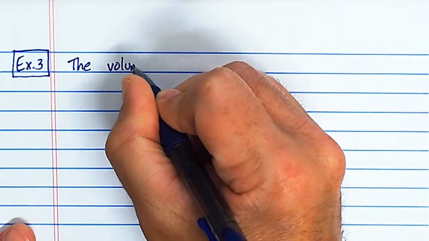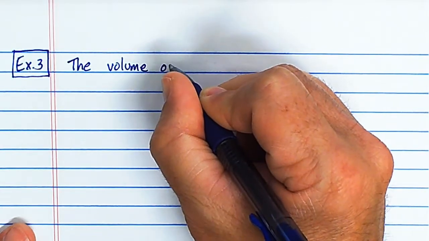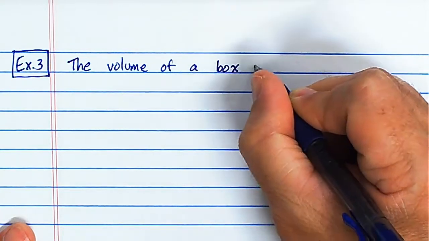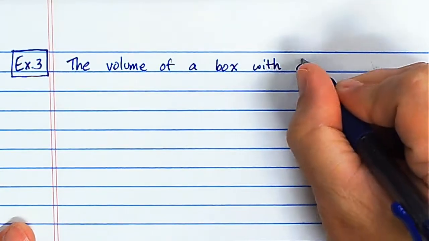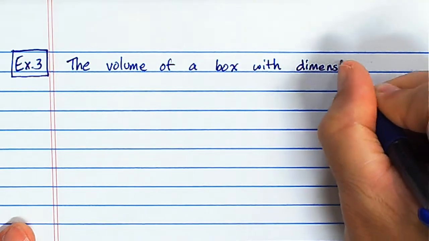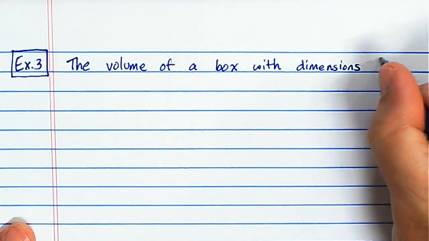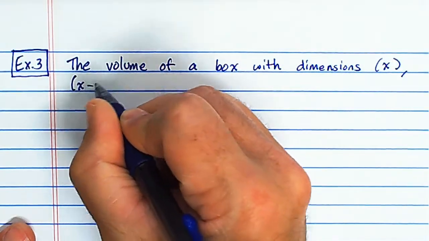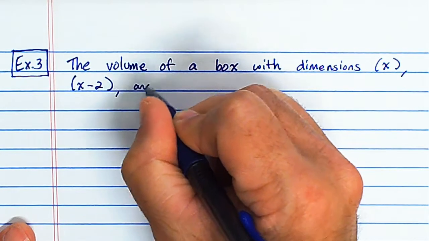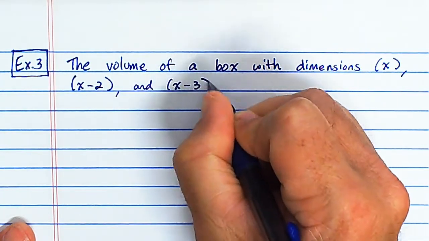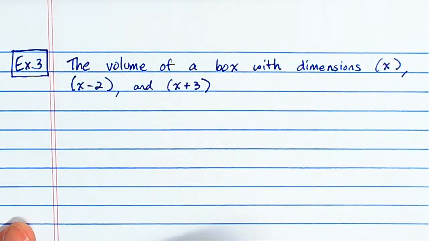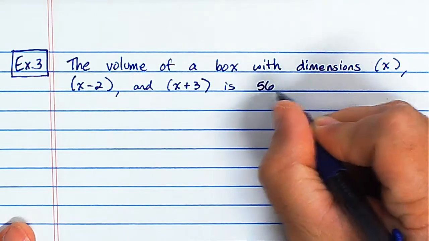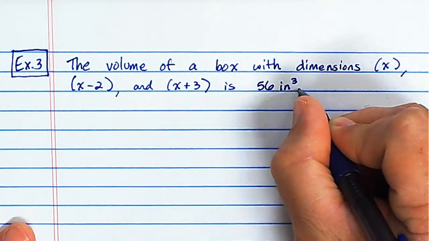The volume of a box with dimensions x, x minus 2, and x minus 3, I'm sorry, x plus 3, is 56 inches cubed.